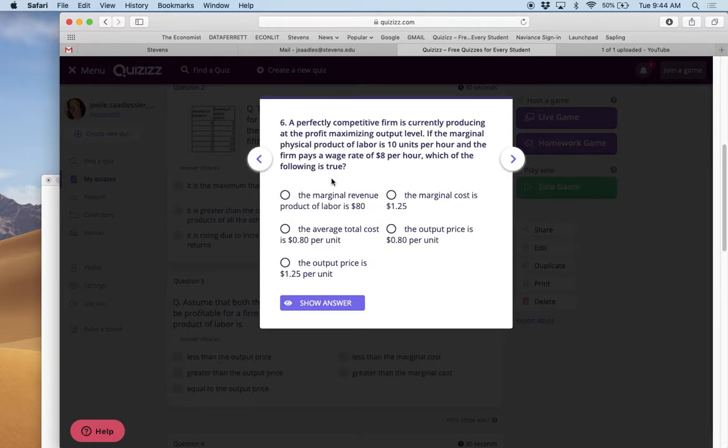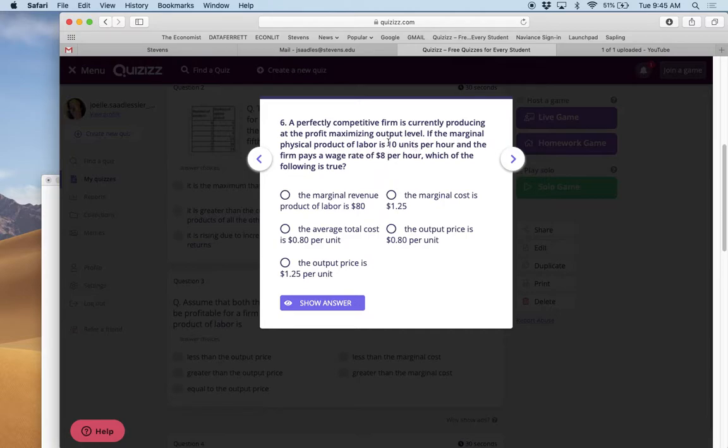A perfectly competitive firm is currently producing at the profit maximizing output level. If the marginal physical product of labor, that's the same thing as the marginal product of labor, is 10 units an hour, and the firm pays a wage rate of $8 an hour, which must be true? If it's profit maximizing, that means it's following the condition that price times marginal product of labor is equal to the wage. The wage is 8.